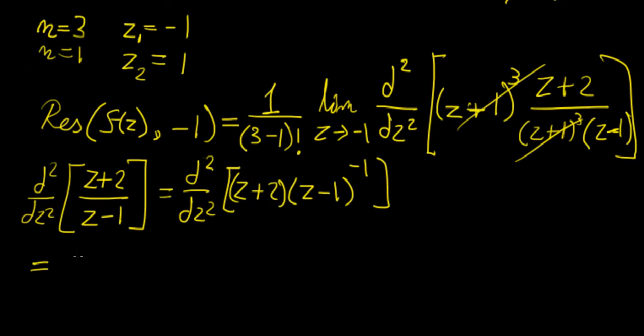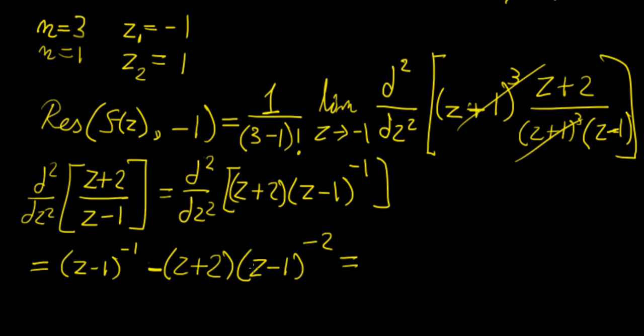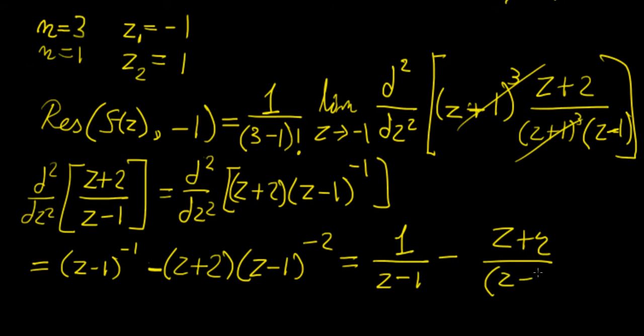The derivative of the first one is just 1, so that's going to be z minus 1 to the minus 1. And then the second one is going to be the derivative of this, which is going to be minus z plus 2 times z minus 1 to the minus 2. And then if we rearrange this, we get z minus 1 minus z plus 2 over z minus 1 squared. So that's the expression we get.